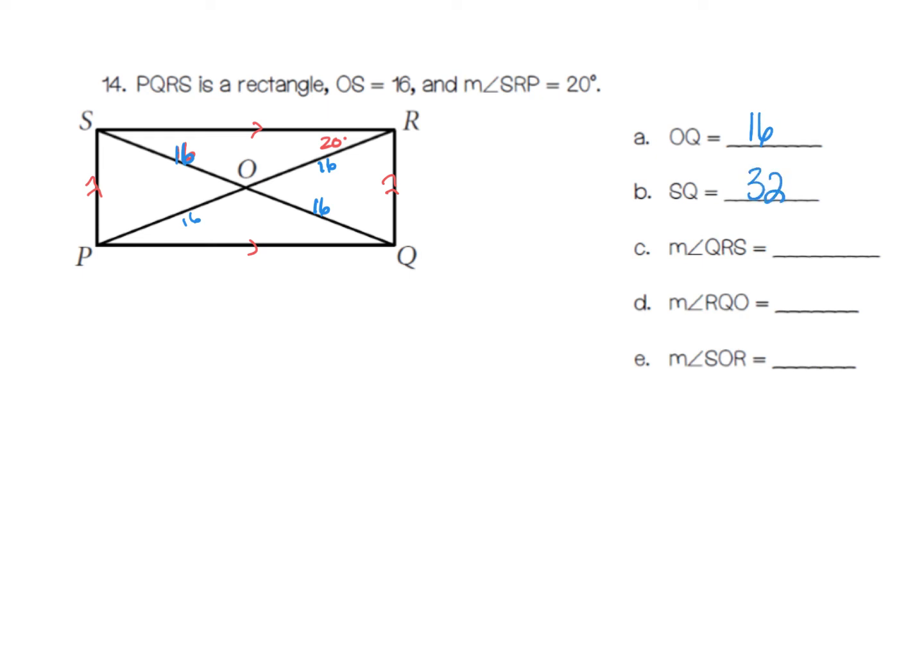So now let's talk angles. So when you have your rectangle, remember all angles are 90 degrees. So that little angle that I gave you is 20. This one has to be 70. All right, then we have alternate interior angles. So that 20-degree angle is also going to be down here, which means this has to be 70 as well. And then keep in mind, because these are all congruent, we actually end up with those isosceles triangles.